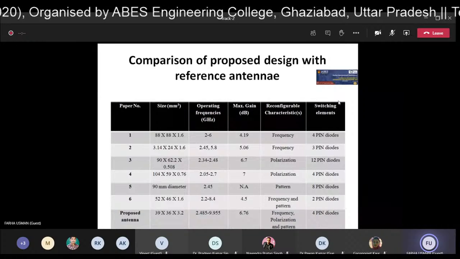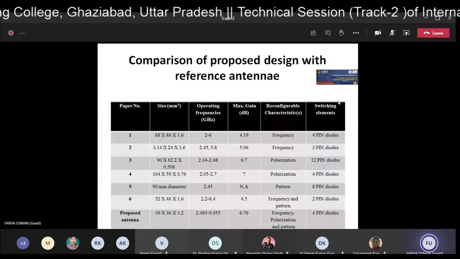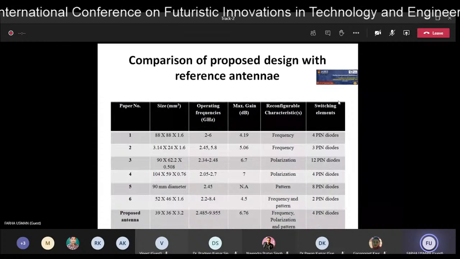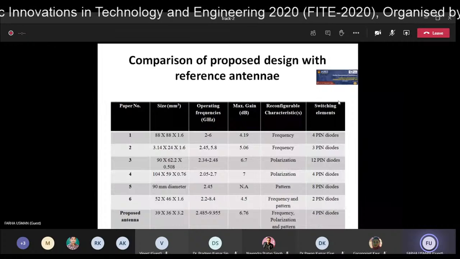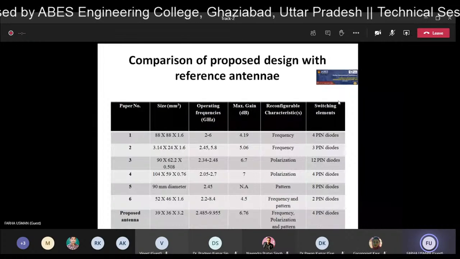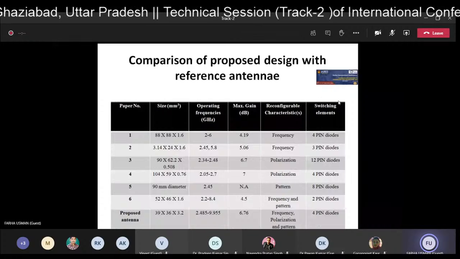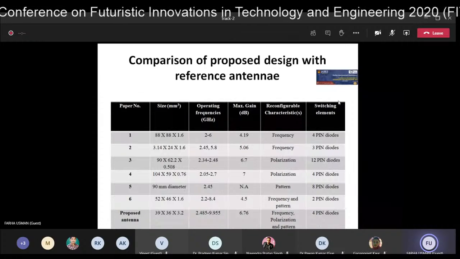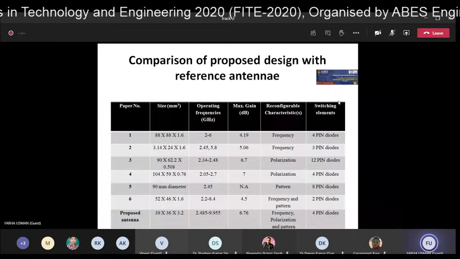The 3 and 4 reference papers have showed characteristic that is reconfigurable was polarization. The antenna was able to show different types of polarizations. Paper 3 was using 12 pin diodes, whereas paper 4 was using 4 pin diodes. The maximum gain in case of antenna 3 was 6.7 and in case of antenna 4 was 7 dB.